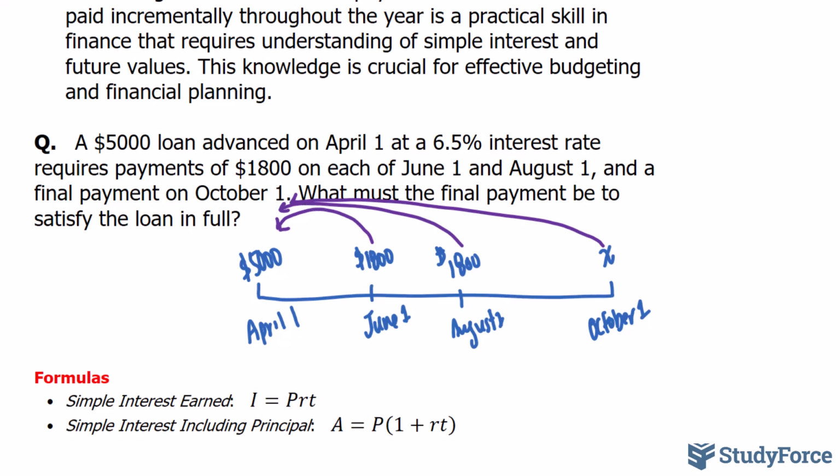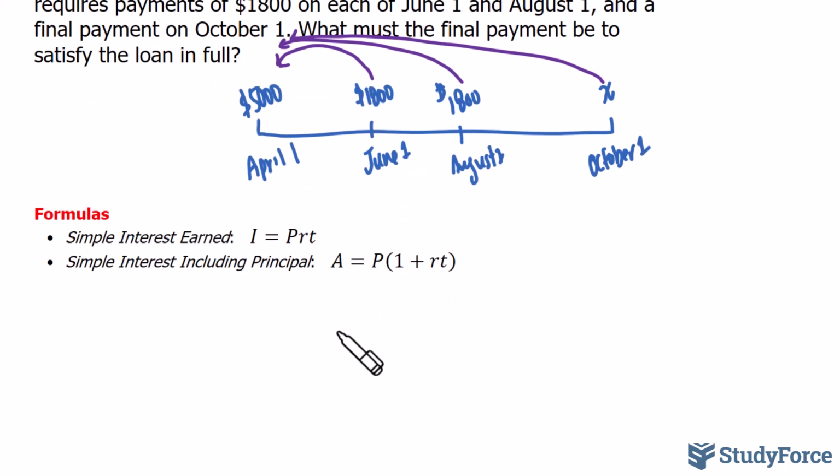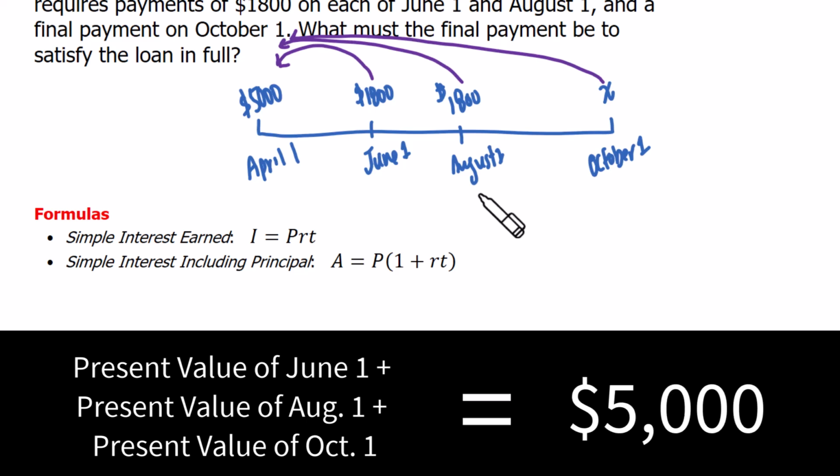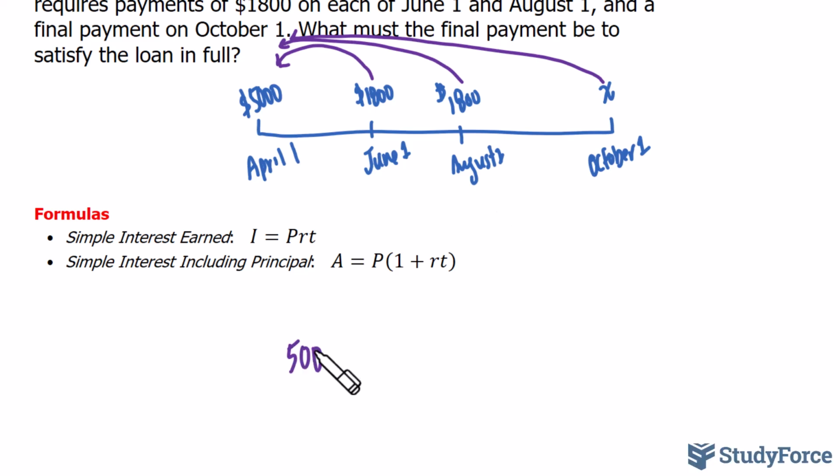So let's write that down algebraically. We know that the present value of the June 1st payment plus the present value of the August 1st and October 1st payments should all sum to $5,000. Now, how do we write down the present value of a future value of $1,800?